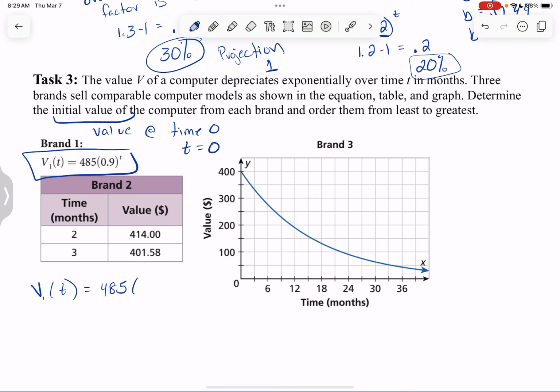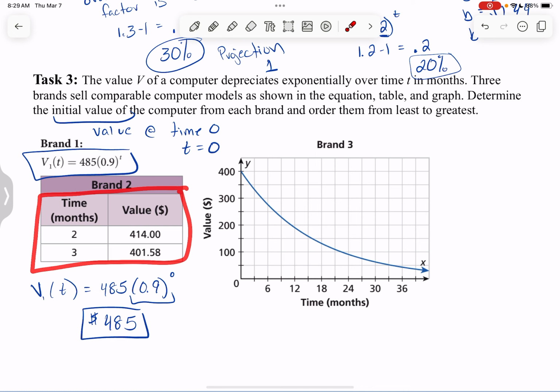So I just need to put a 0 in here. Well, 0.9 to the 0 is 1, so $485. So the first one has an initial value of $485. The second one doesn't give me that initial value, so we are going to have to figure that one out. We'll come back to that one later.